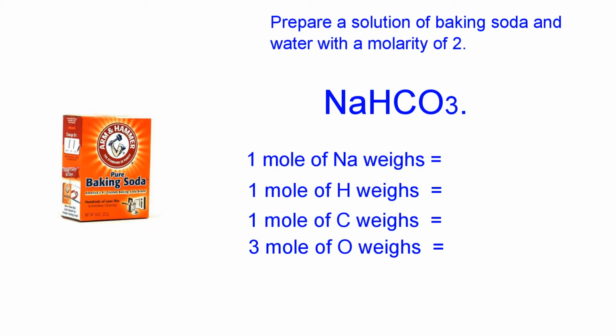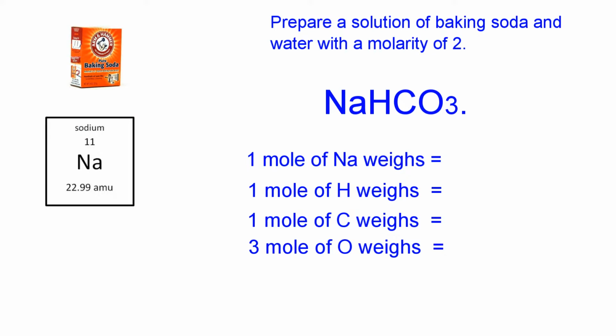Well, after watching video number 2 of this series, we know how to do this fairly easily. First, we look up sodium on the periodic table. Then we change the AMU to grams, and we find that 1 mole of sodium atoms weighs 22.99 grams. Let's round off that number just for the sake of convenience to 23 grams.